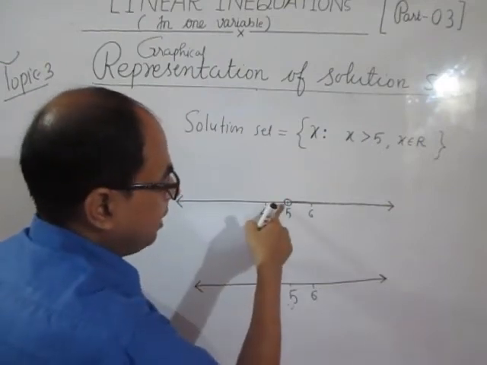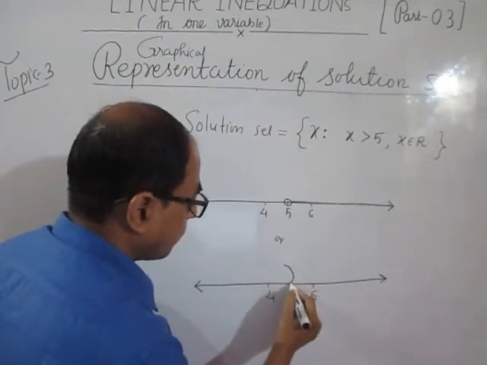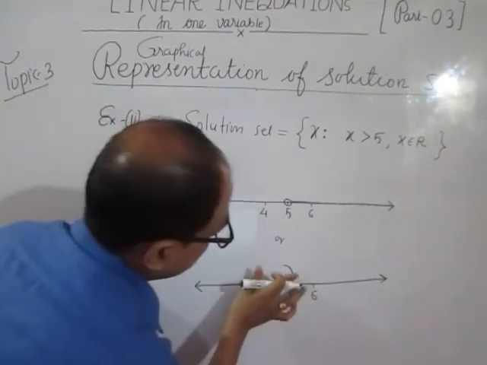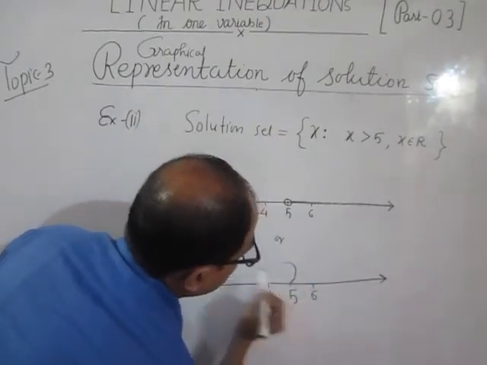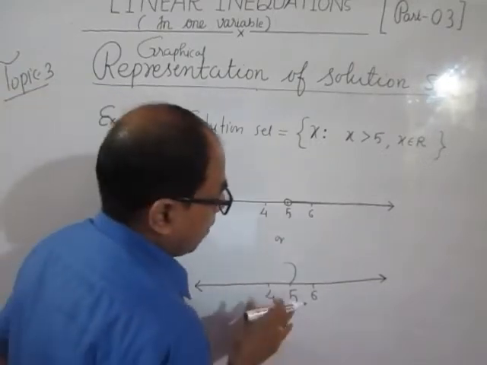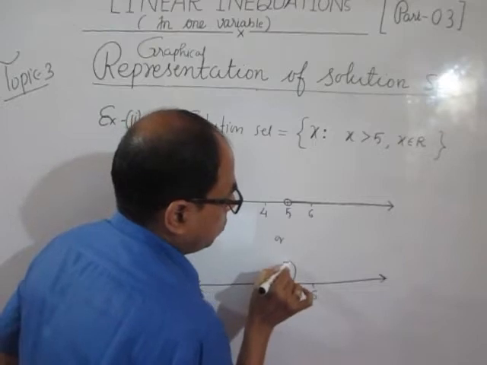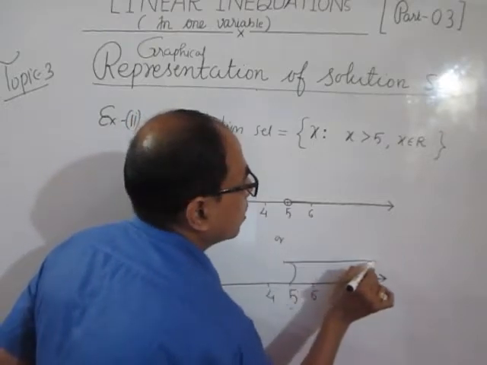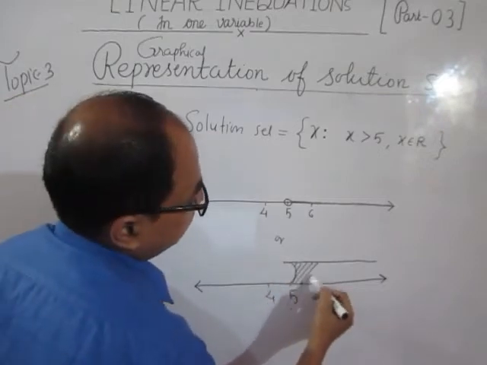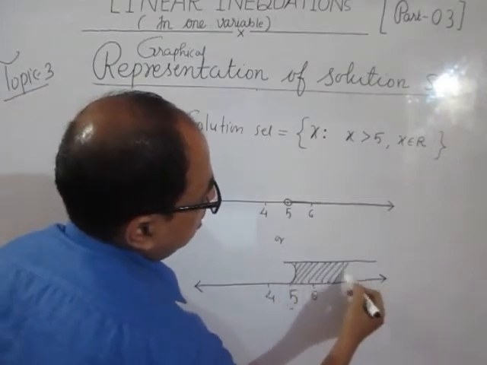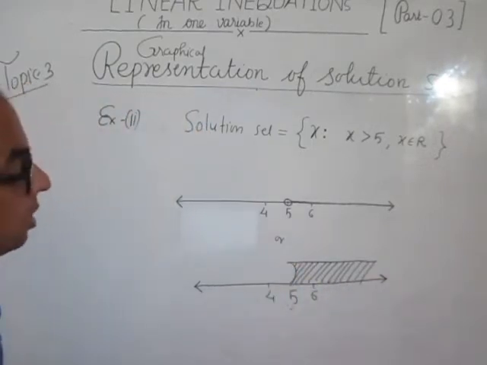Either we can use an empty ring, or we can use a curved line. The curve should be visible clearly. Now after that we have to plot all the real numbers which are greater than 5. So draw a line this side. Then set it. So this is another way to represent the solution set graphically.